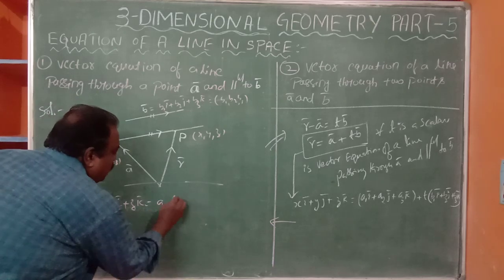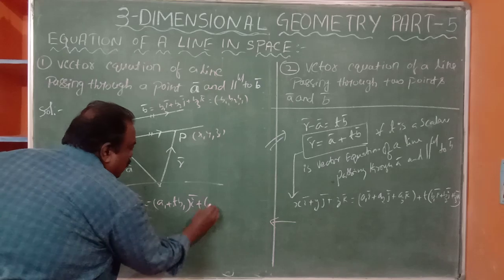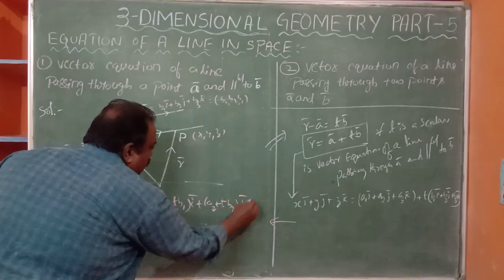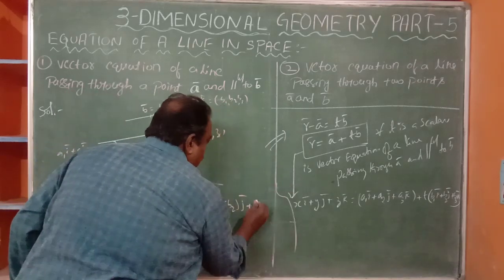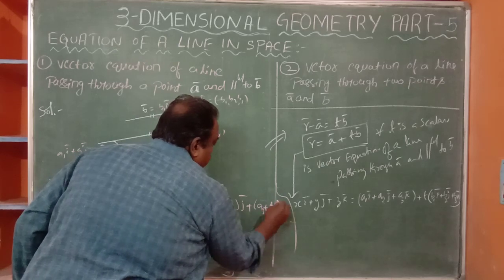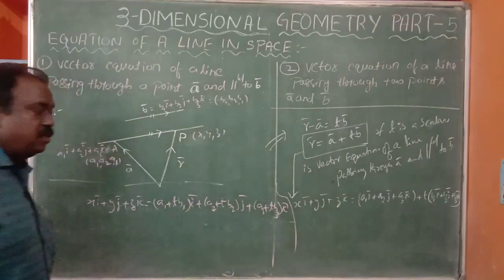So (A1 plus t B1) i cap, (A2 plus t B2) j cap, (A3 plus t B3) k cap. Okay? You see that?